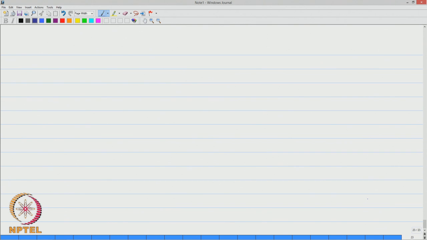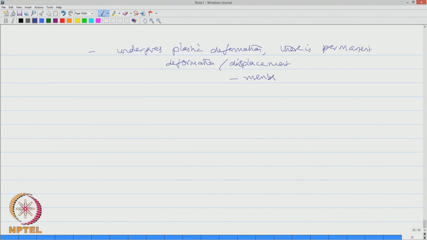And we do agree that when a building module undergoes plastic deformation, there is a permanent deformation or displacement caused on the member, on the joint, or at the interconnection points where tentatively plastic hinges are formed.